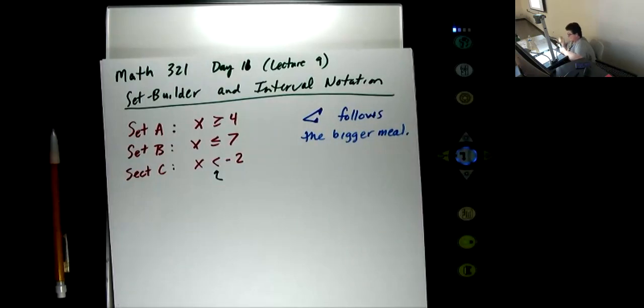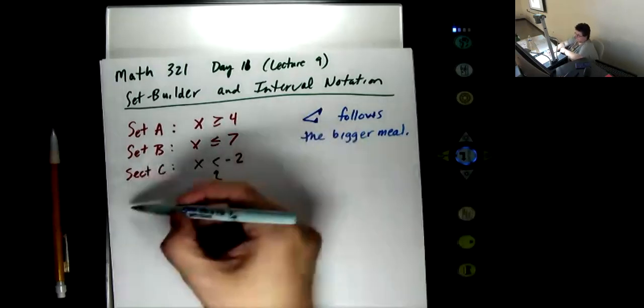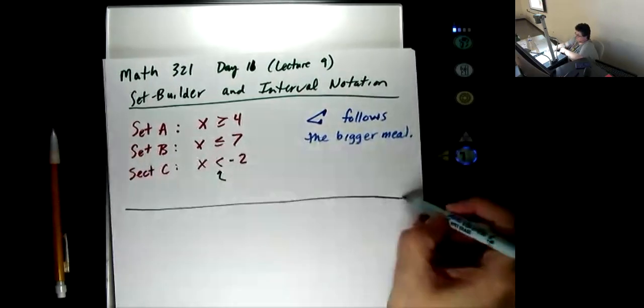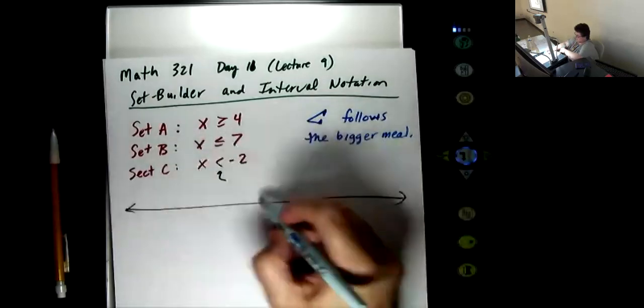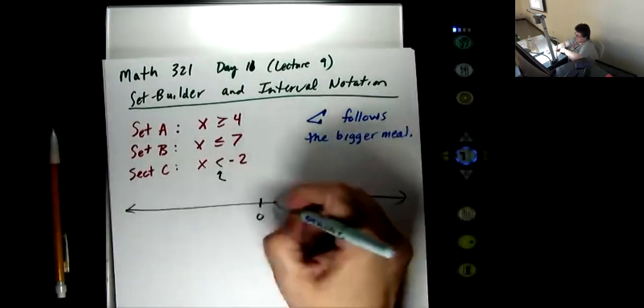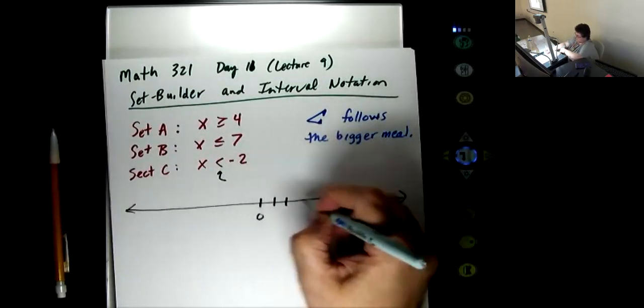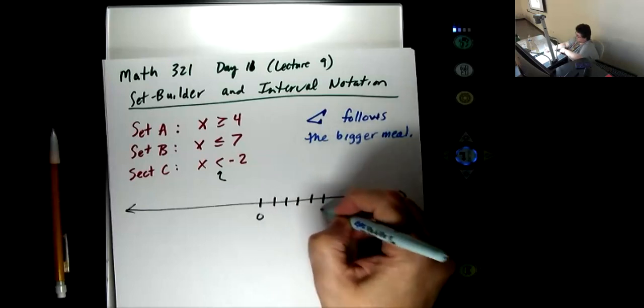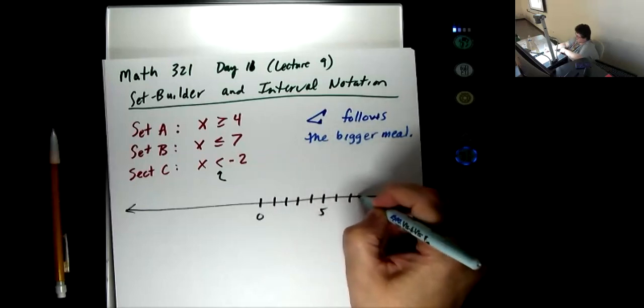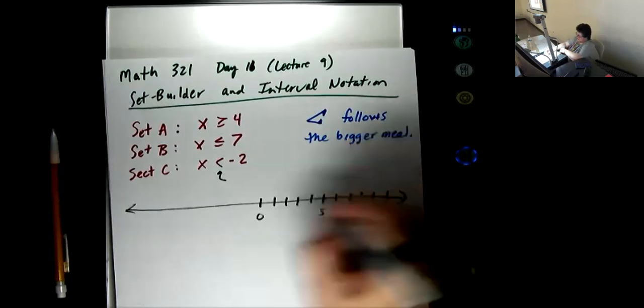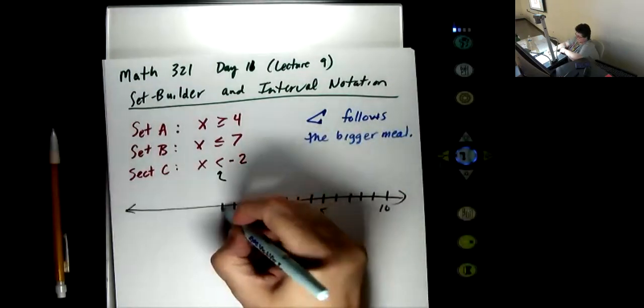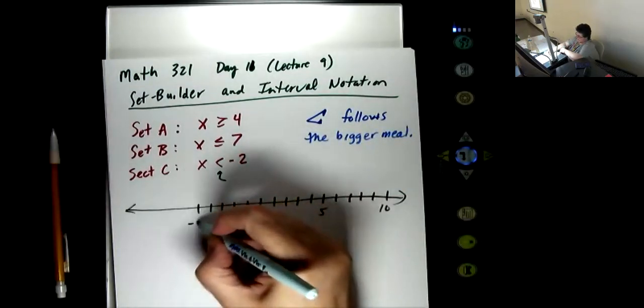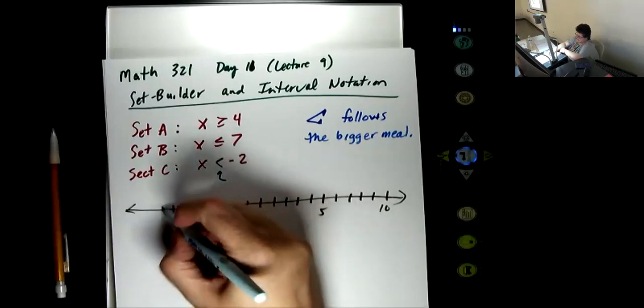Okay. If we plot them on a number line, this is what they look like. I put 0 in the center. I've got 1, 2, 3, 4, 5, 6, 7, 8, 9, 10 on each side.